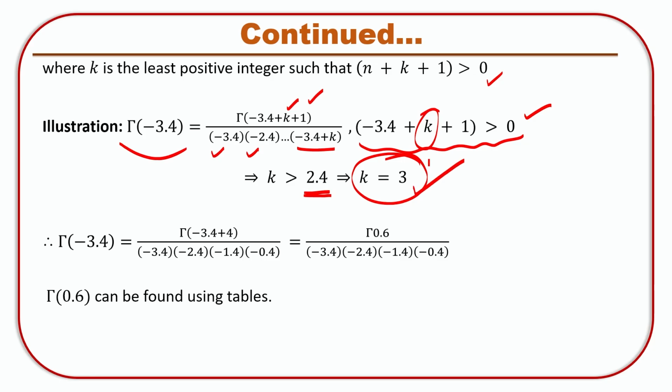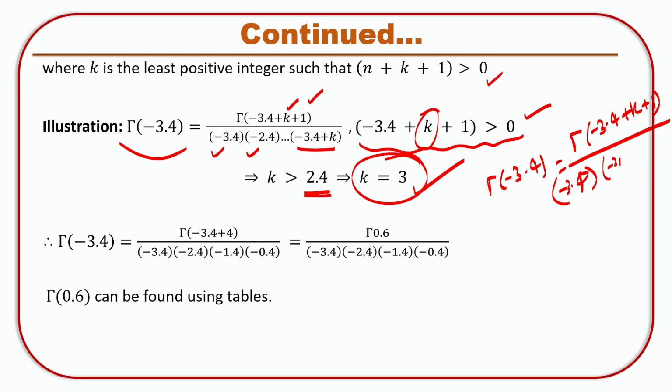So, this will become gamma of minus 3.4, now that I know k. Gamma of minus 3.4 plus k plus 1, divided by minus 3.4 into minus 2.4 and so on, till minus 0.4. So, that will become gamma 0.6 divided by the product of those terms, and using the table you can find out gamma 0.6.